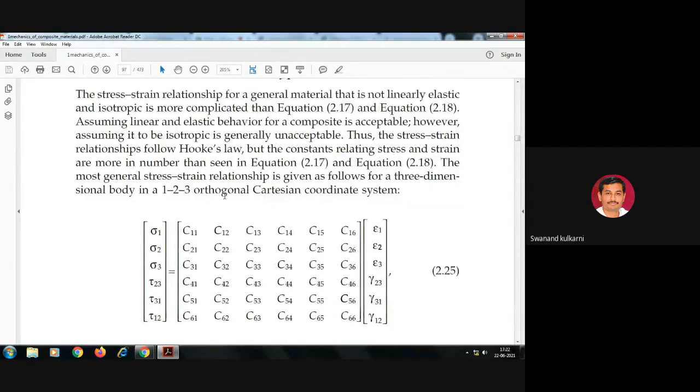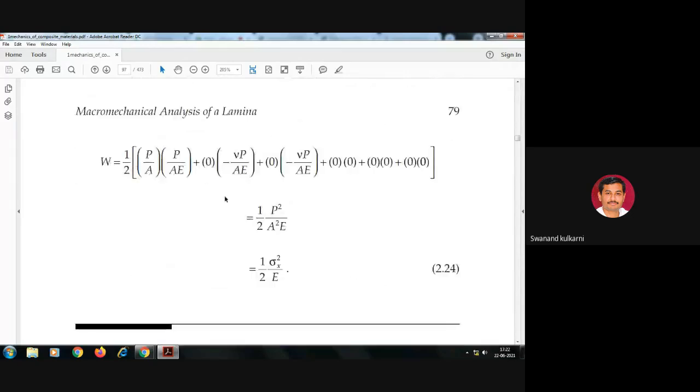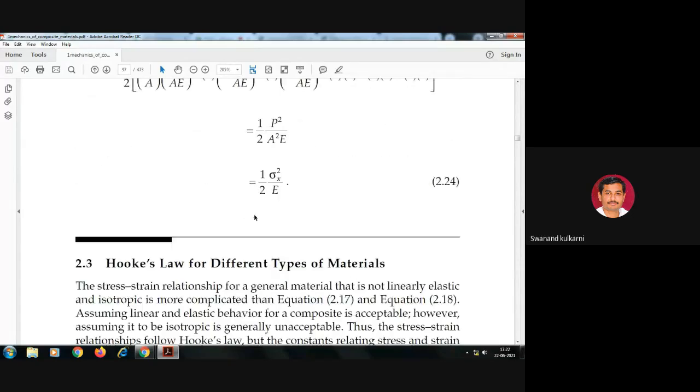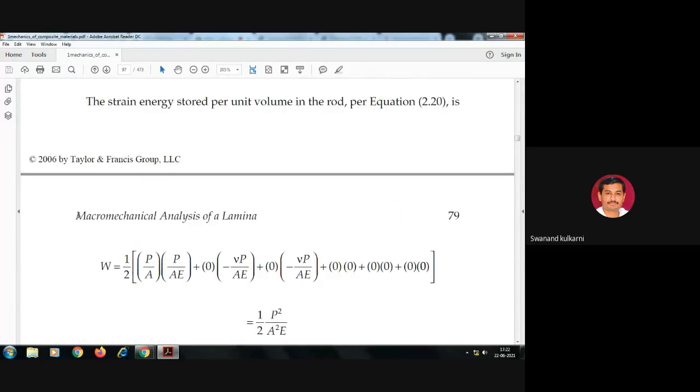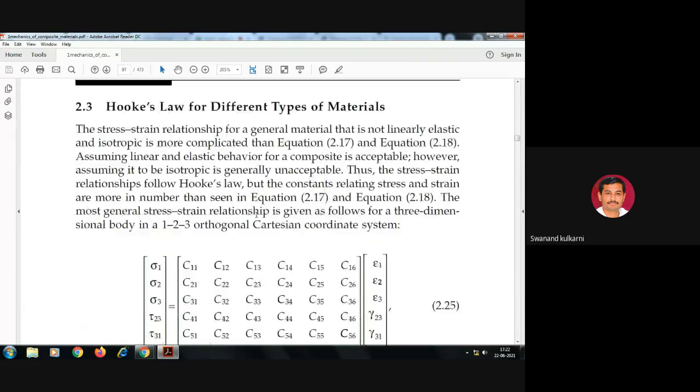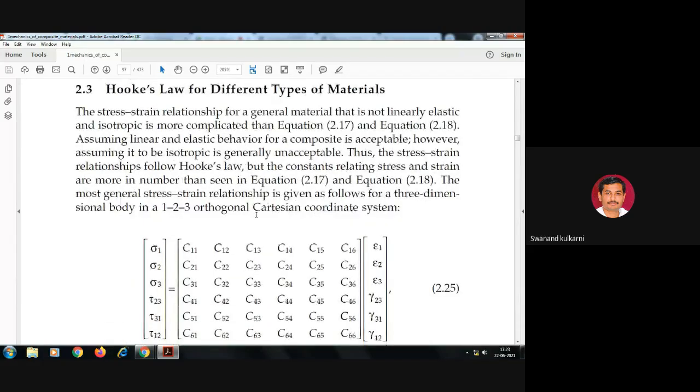Then what is meant by laminate and what is meant by lamina? That differentiation we are all familiar with now. And with this, we are observing the macro mechanical analysis of lamina. For that purpose, we have taken the reference of analysis of mechanical element.